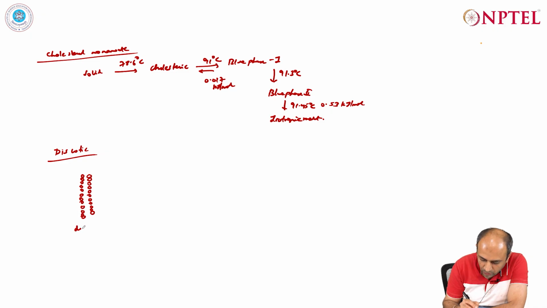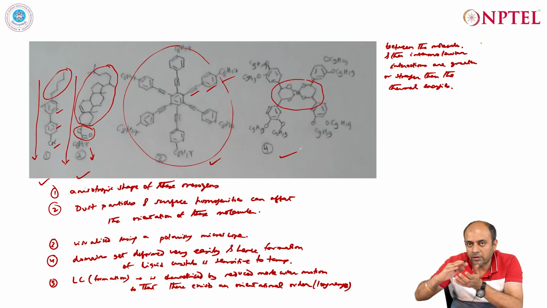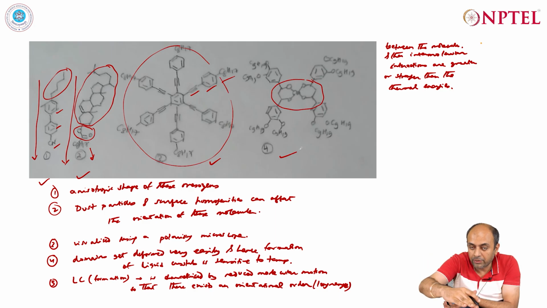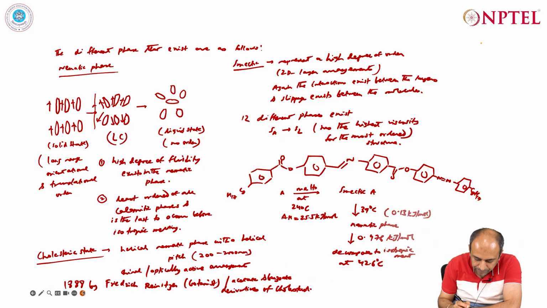So this is the discotic columnar arrangements, and I showed you an example. So these molecules are circular shaped or flat disc like molecule, and therefore they can stack along one direction, primarily held by van der Waals interactions, pi stacking interactions between the functional groups which are responsible for this stacking.